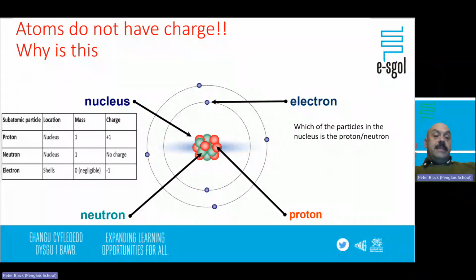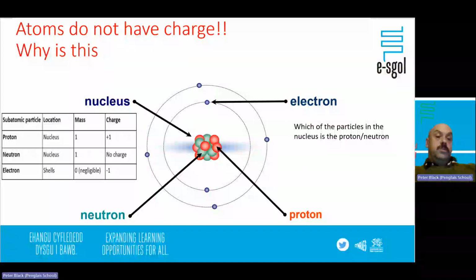Well, look at your charges. Protons have a positive charge, so technically we've got lots of positive charge here. But the atom doesn't have a positive charge because we also have negative charges, and as we know from earlier, these are our electrons. The atom doesn't have a charge because in an atom there must always be equal numbers of protons and electrons. And this is going to help us now to identify which is which.